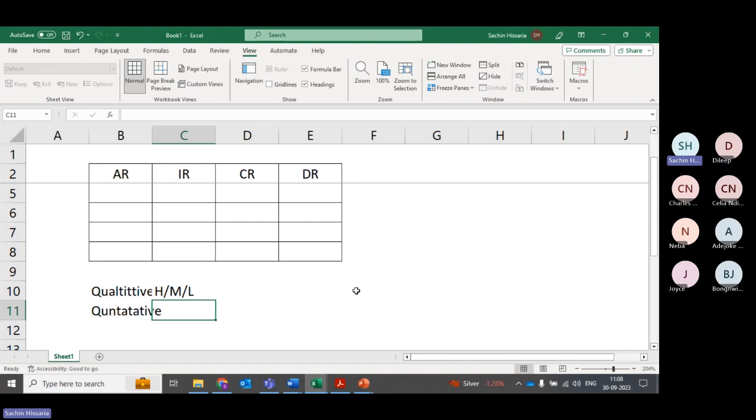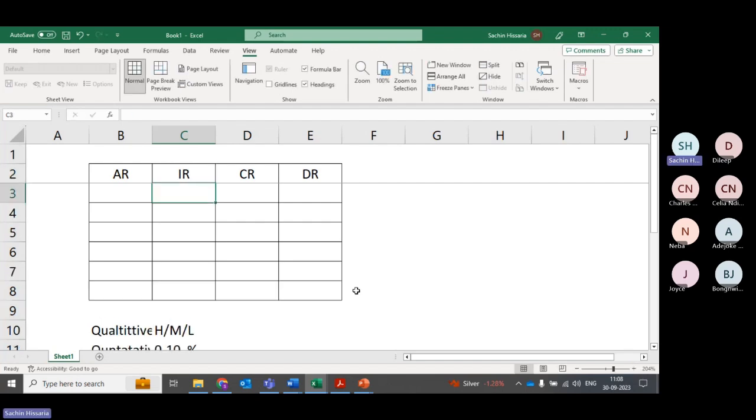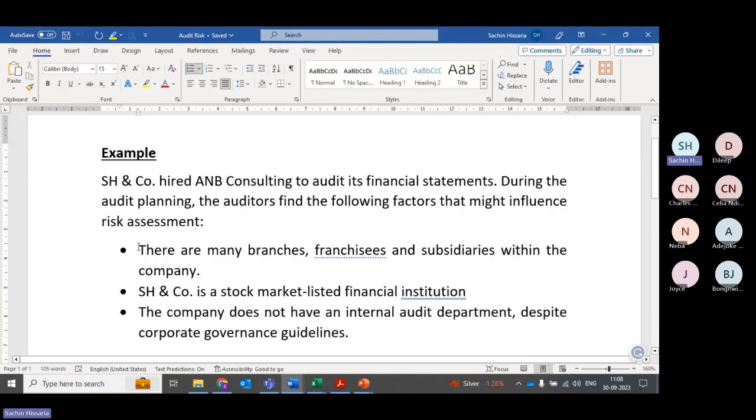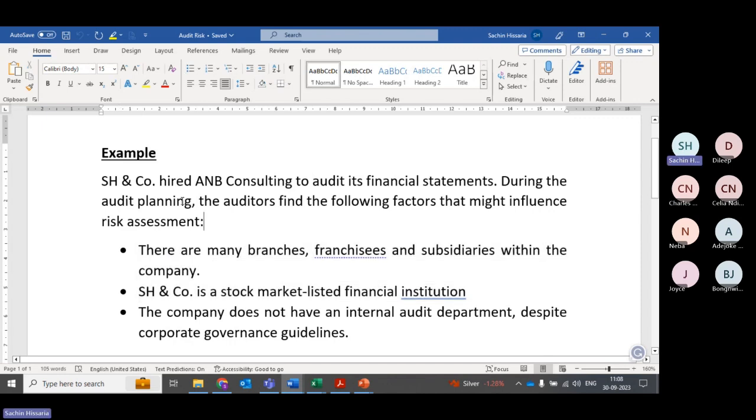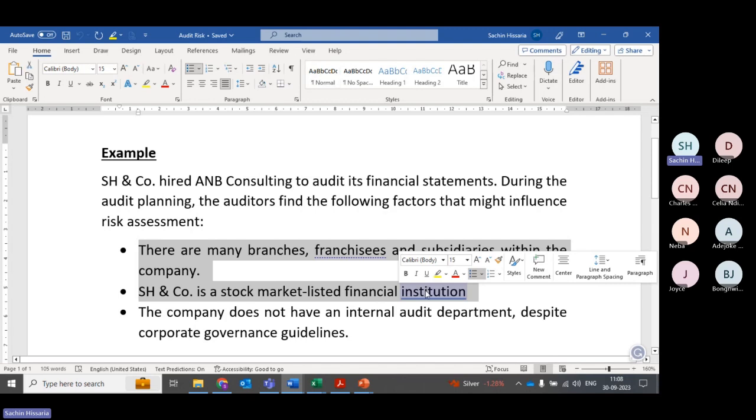And in a quantitative method, we use numbers from 0 to 1, or percentages. Now, suppose we need to do a qualitative assessment. What do you think, will IR be high, medium, or low in this scenario? Is inherent risk high, medium, or low? Tell me your view.